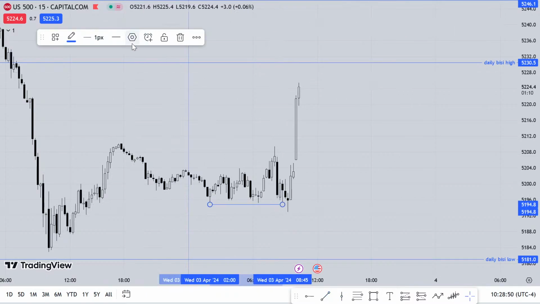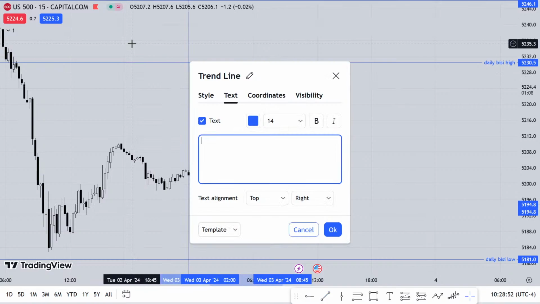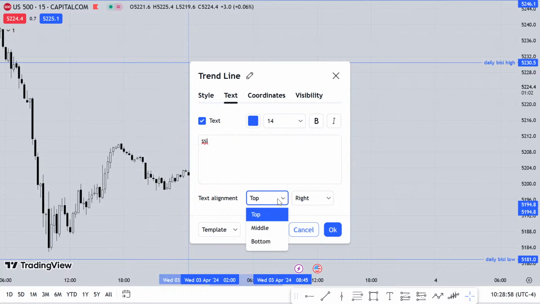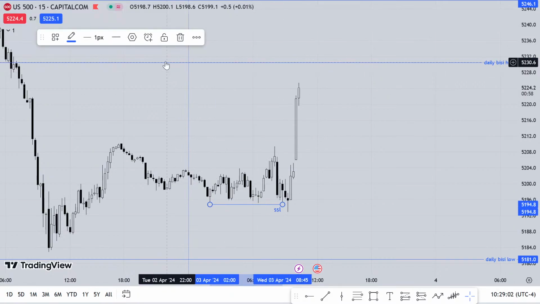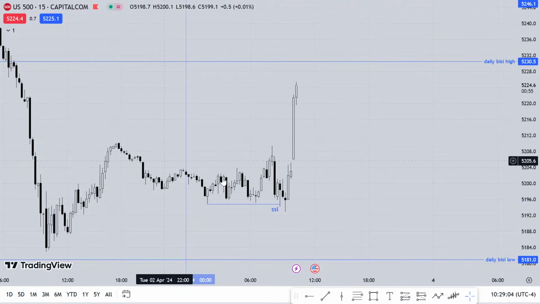So this is likely a liquidity sweep and not a liquidity purge. So sell side was taken here, which is below the midnight opening price.